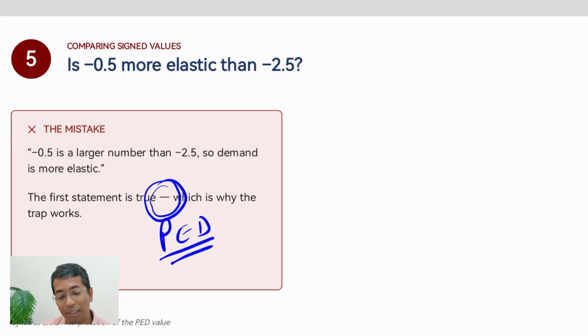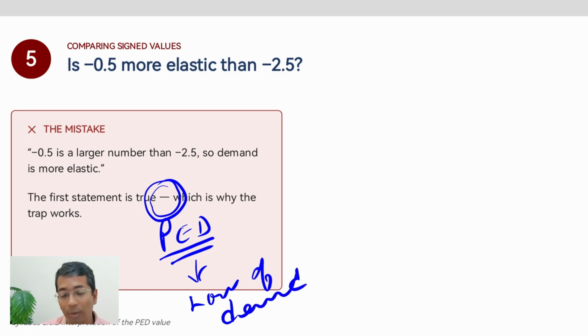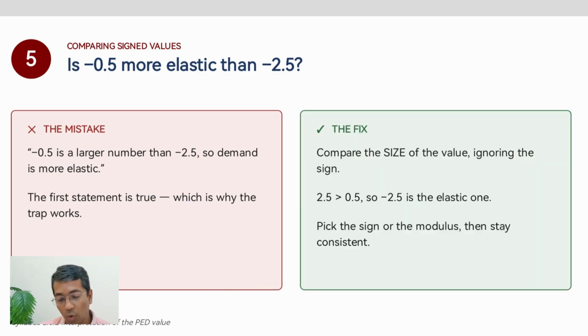PED is always negative. Why? Because of the law of demand. So we look at the absolute value, and that's what you have to understand. Compare the size of the value, ignore the sign. Very, very important point there.